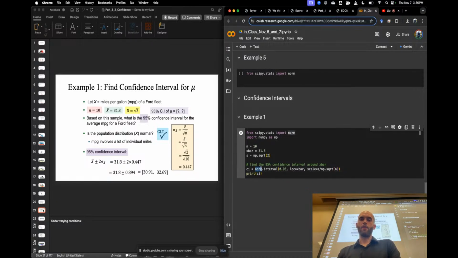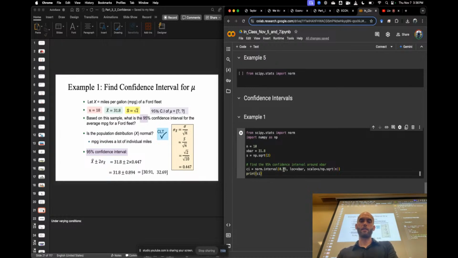This is the norm. So there's the package that gives us all of the things related to the normal interval and the normal distribution. And built into that package is a way of constructing interval estimates. The first entry here is 95%.